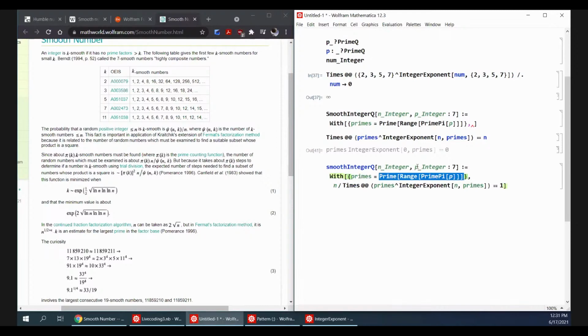And this way it's very general. Someone could put in the prime 11 and we would be using the list 2, 3, 5, 7, 11. And since it's used twice, it makes sense to use it in a With statement so that we don't have to redo this calculation twice.